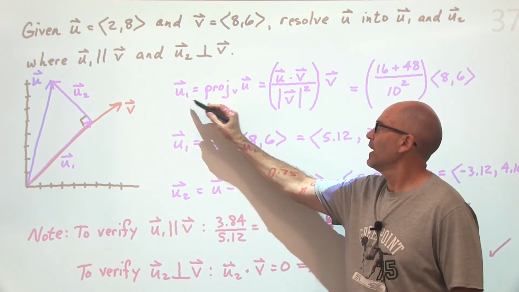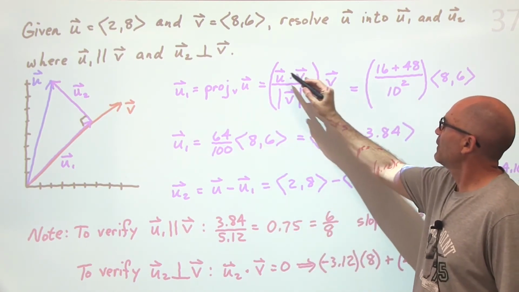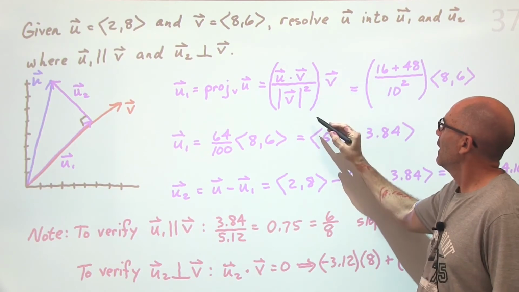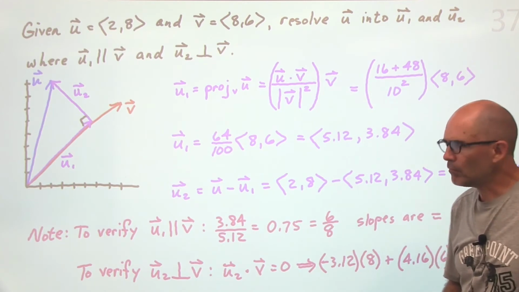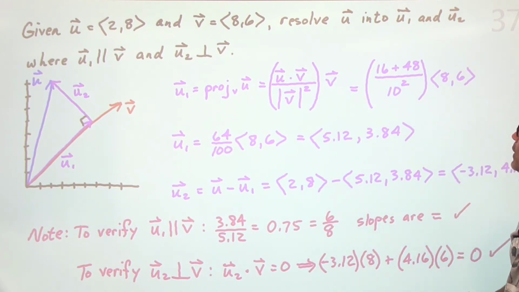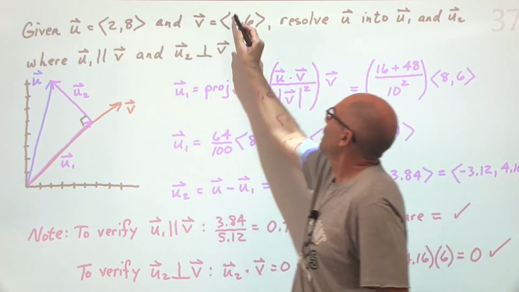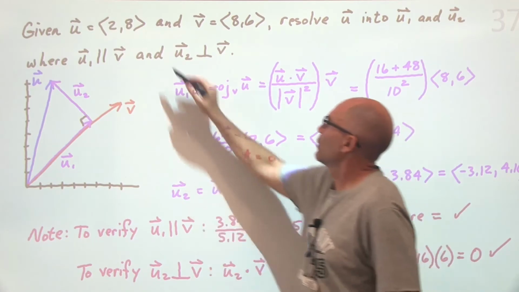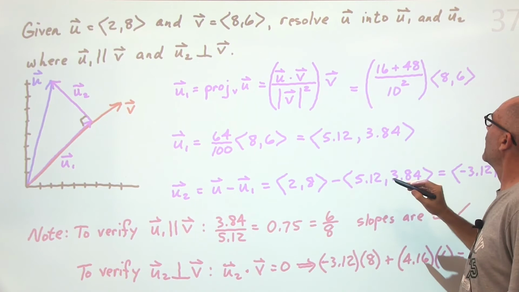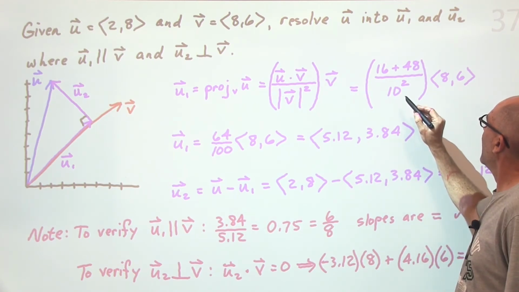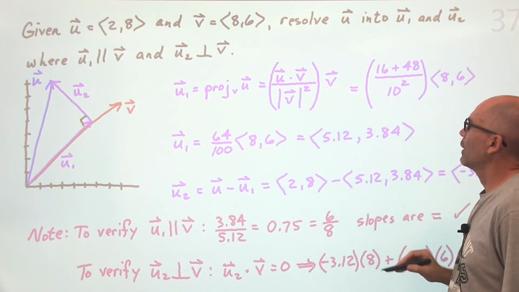All right, so we're experts at this now. u sub 1 is the projection of u onto v, which means it's the dot product of u and v divided by the magnitude of v squared times vector v. Okay, so let's crank that out. The dot product is the product of the x's, 2 times 8 is 16, plus the product of the y's, 8 times 6 is 48. 16 plus 48 is 64, and we divide by the magnitude of v squared.